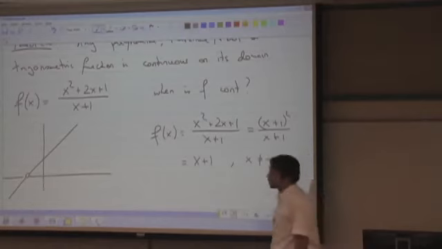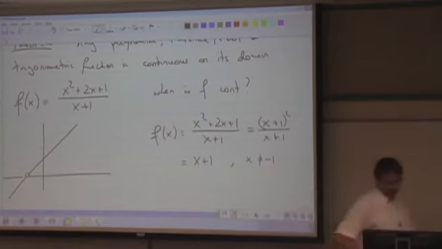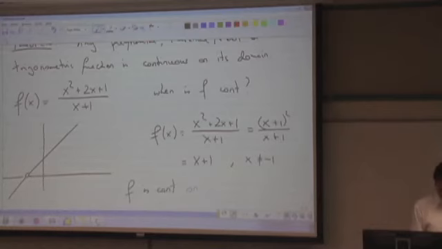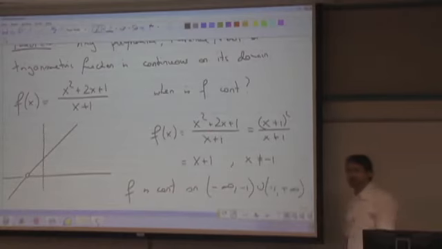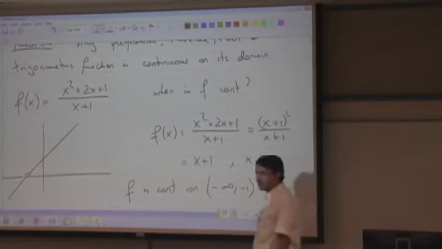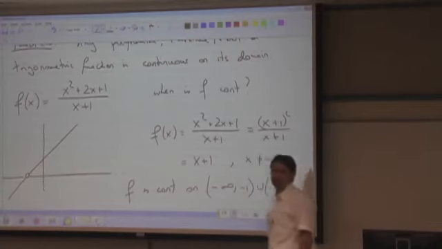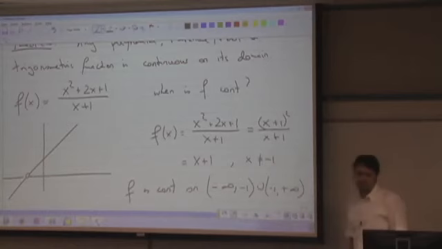And so where is f continuous? Everywhere except at -1. Why? Because that's the domain of f. And we said all trigonometric, root, rational functions and so forth are continuous on their domain.